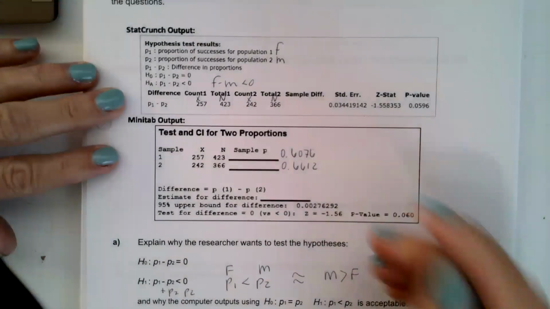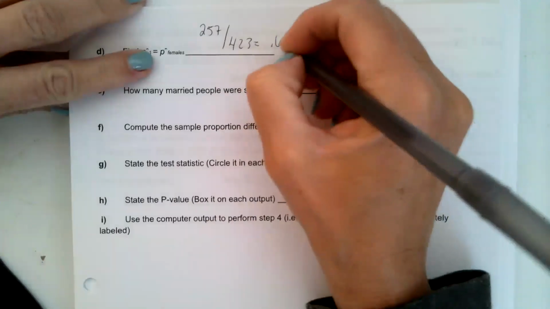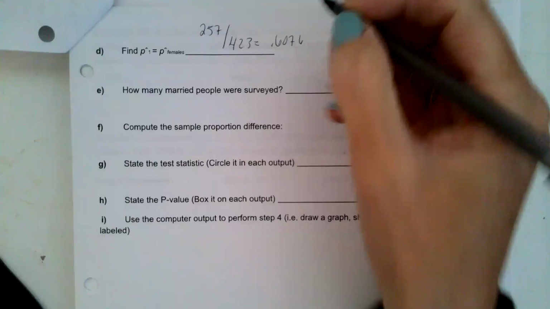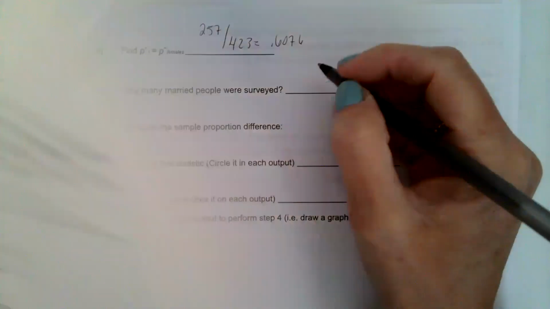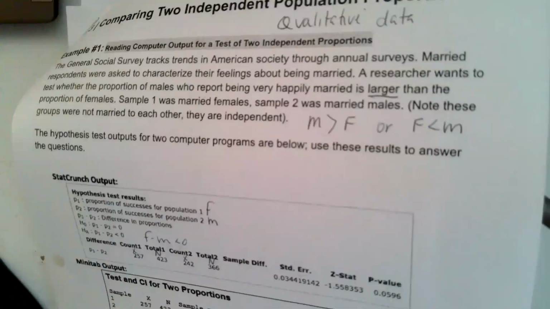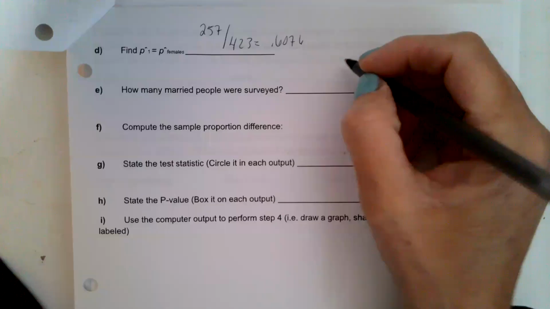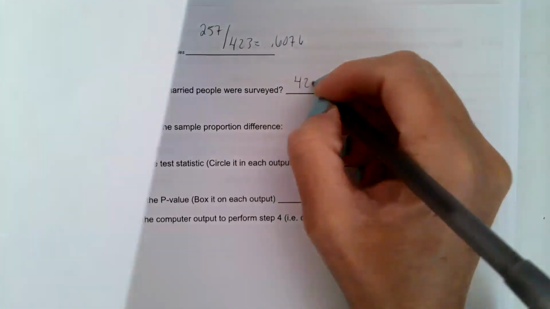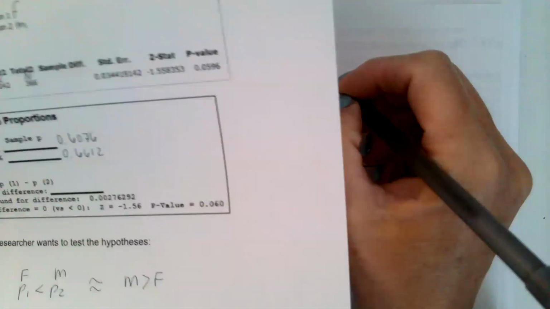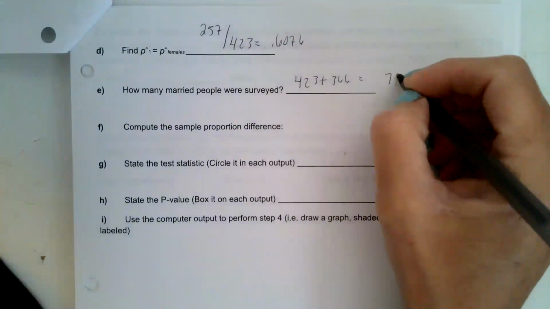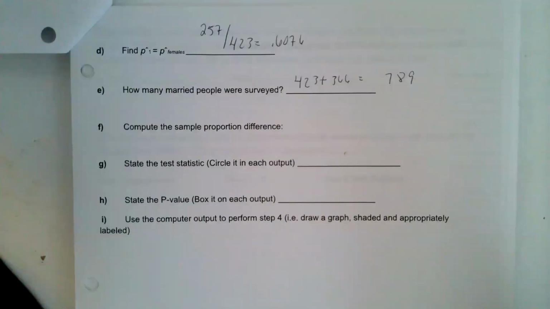So there are my two proportions. How many married people were surveyed total? Our total people surveyed were 423 plus the 366, which is 789 total.